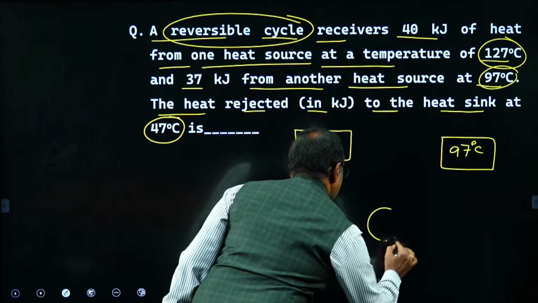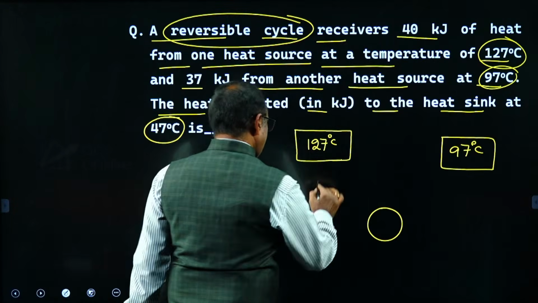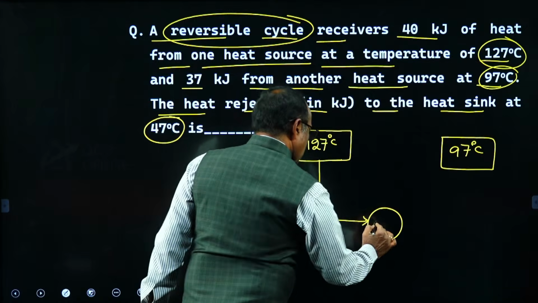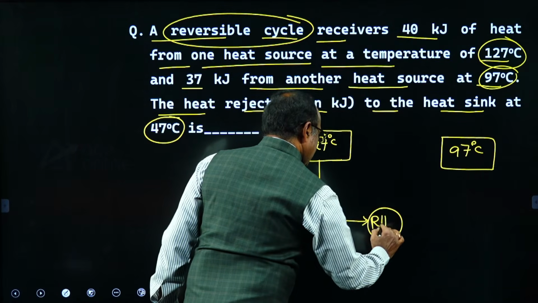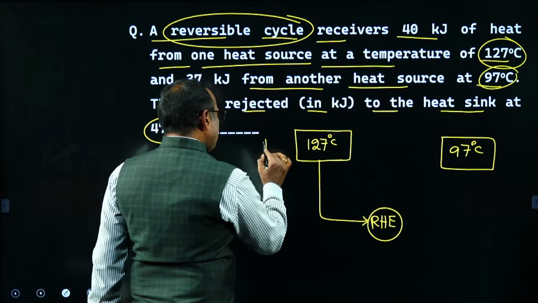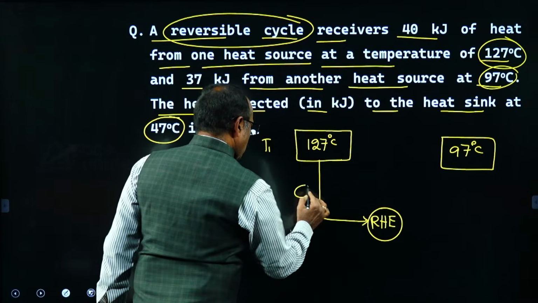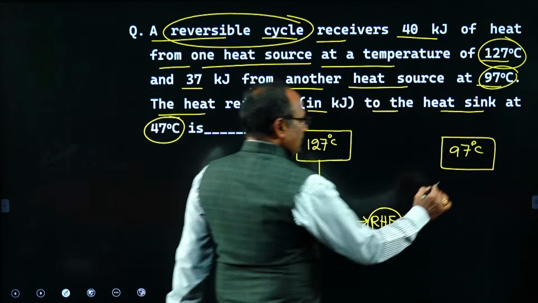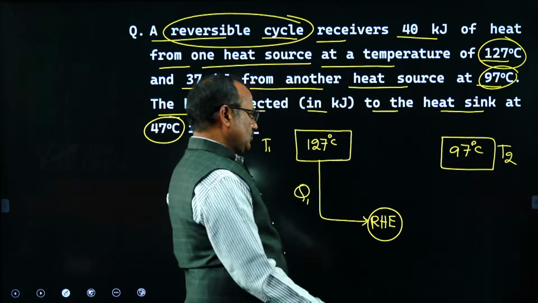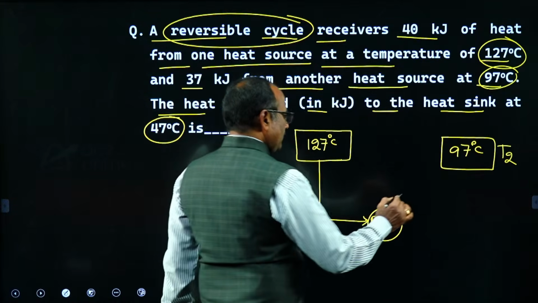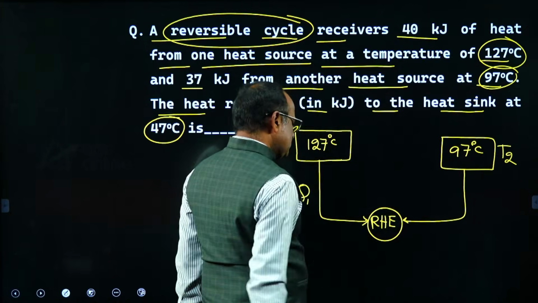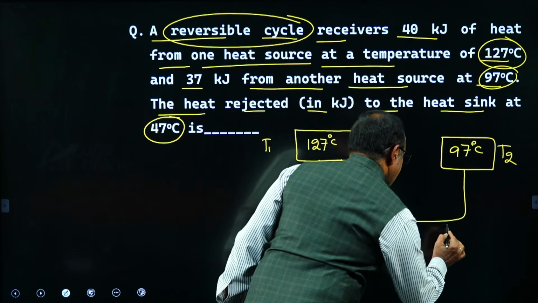These two sources supply heat to the reversible heat engine. From the source at temperature T1 the heat transfer is Q1. Assume source 2 temperature is T2, giving heat energy to the reversible heat engine of magnitude Q2.